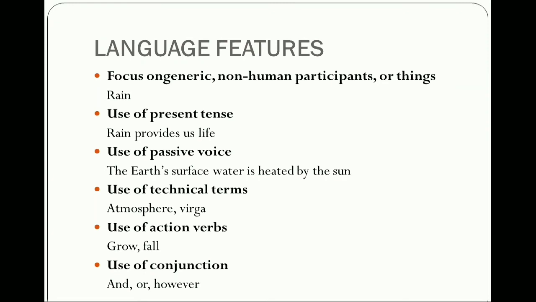For example, the Earth's surface water is heated by the sun. The fourth, use of technical terms such as atmosphere, pressure, and many more. The next is use of action verbs like grow, fall, and then use of conjunctions like and or however, for example.